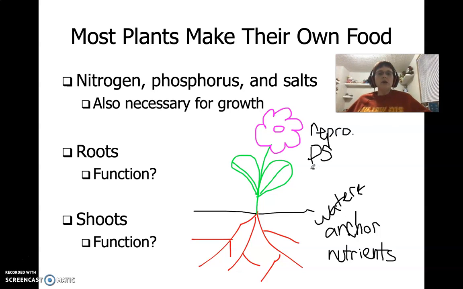This is also going to be a big part of the support for the plant, because think about the branches and the trunk of a tree. Those sections are going to help hold up the parts that do the photosynthesis. So there's a big separation between the roots and the shoots as far as what jobs they do, but they are linked together because the food from the shoot section is going to get fed to the roots, and the water and nutrients from the roots are going to get fed to the shoots.